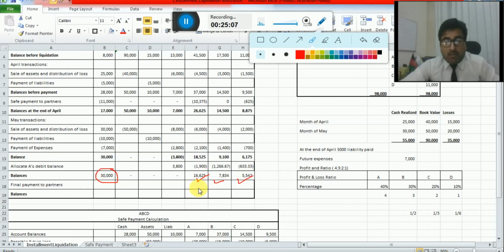Right now, in this amount of 30,000, each partner F, G and H is receiving this much. Now we are paying to them. When you pay to them, what is happening?